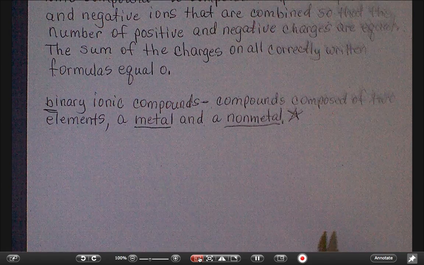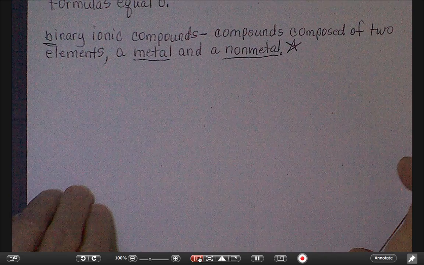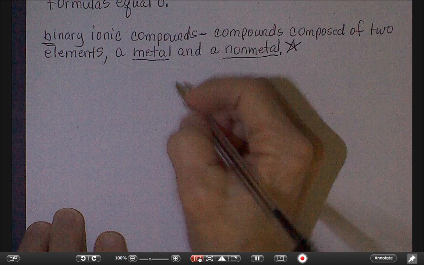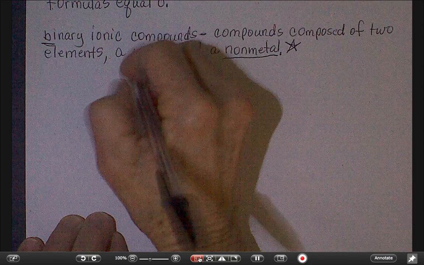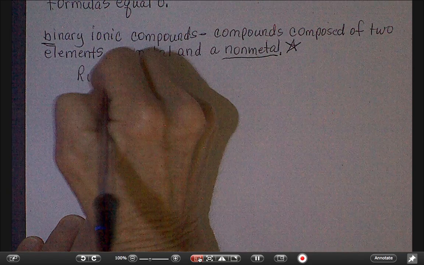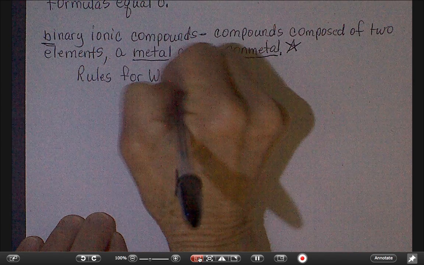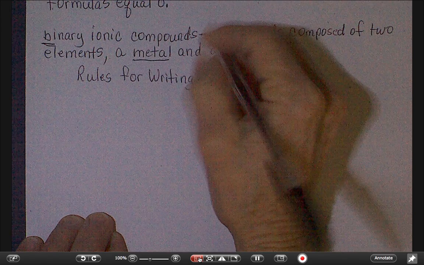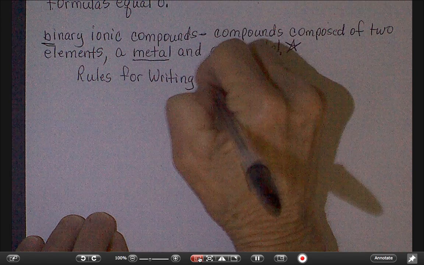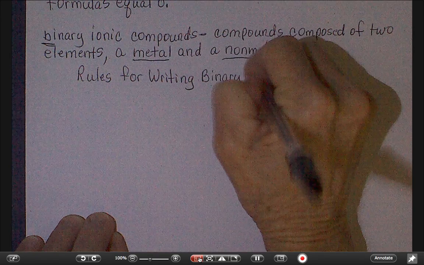Okay, central heading. Rules for writing binary chemical formulas.